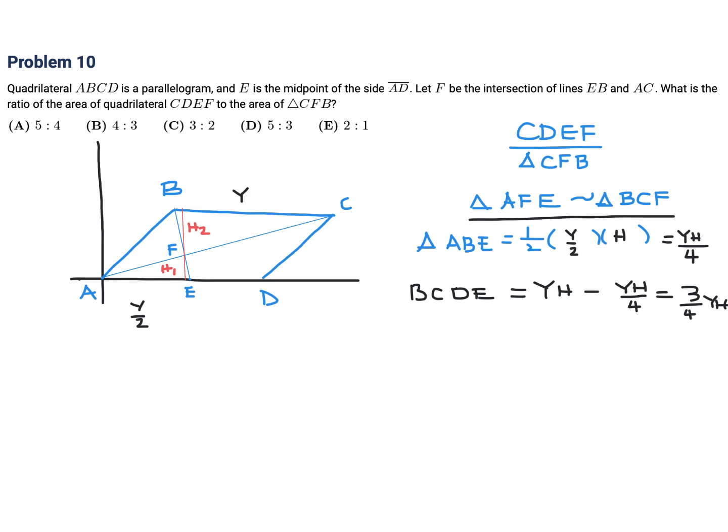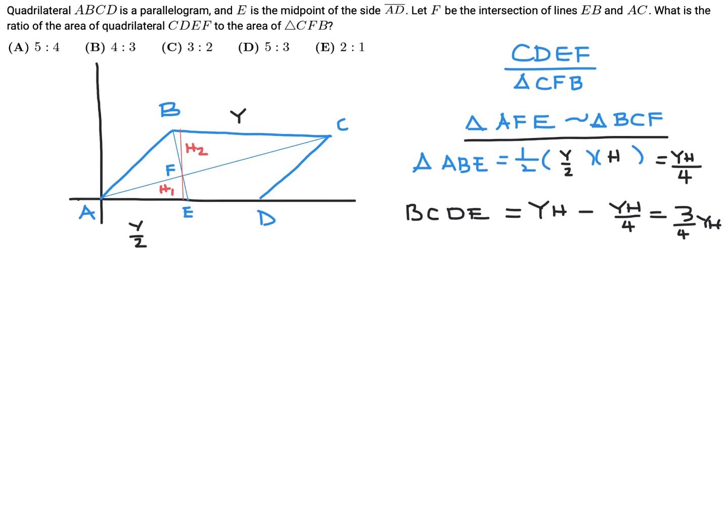And now I think we can utilize what I had seen originally in this question, that the triangle AFE is similar to triangle BCF. BCF is the same as CFB, right?